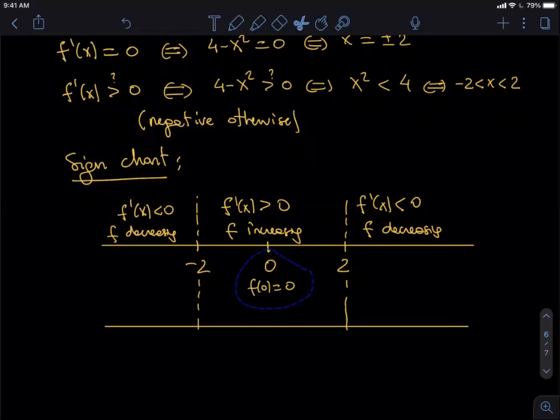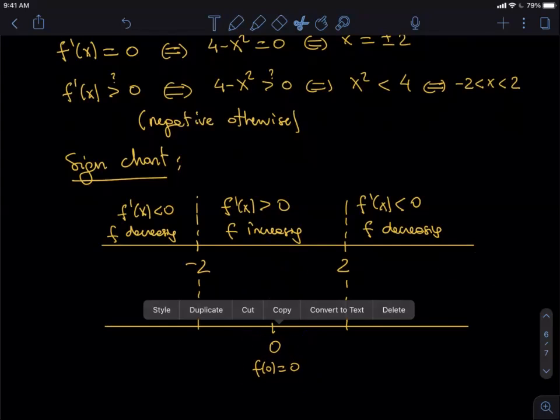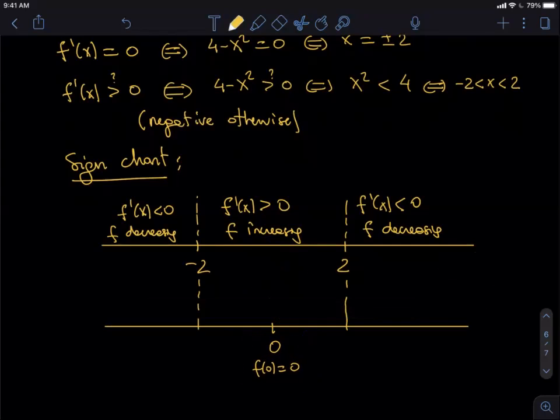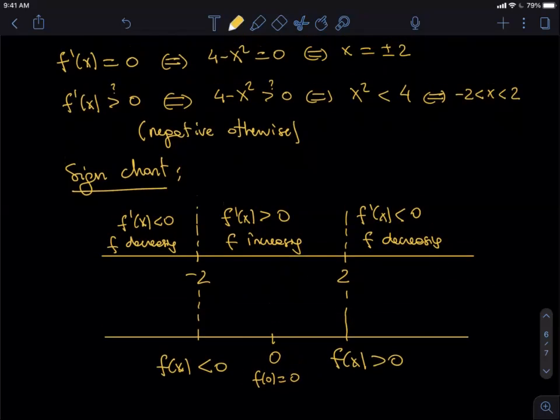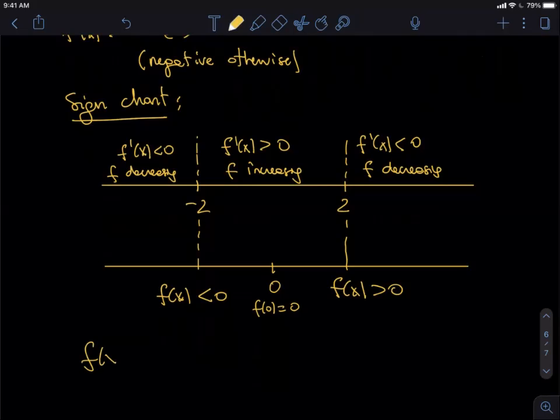Let's do one line for the derivative, one line for the function. So what we are going to have is that the function is negative on the left of 0 and positive otherwise. Why? Because the function is 8x divided by x squared plus 4. So it's clear that if x is negative, then the function f of x is negative.